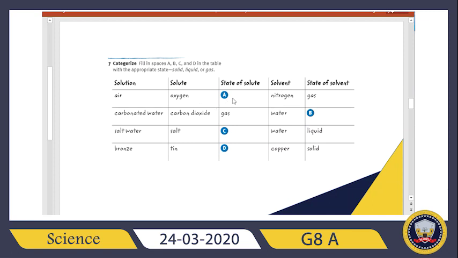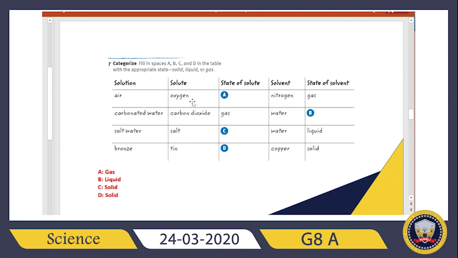So the state of the solute should be what? Gas, of course. And in carbonated water, carbon dioxide is a gas, and the state of the solvent is basically liquid. How about salt water?